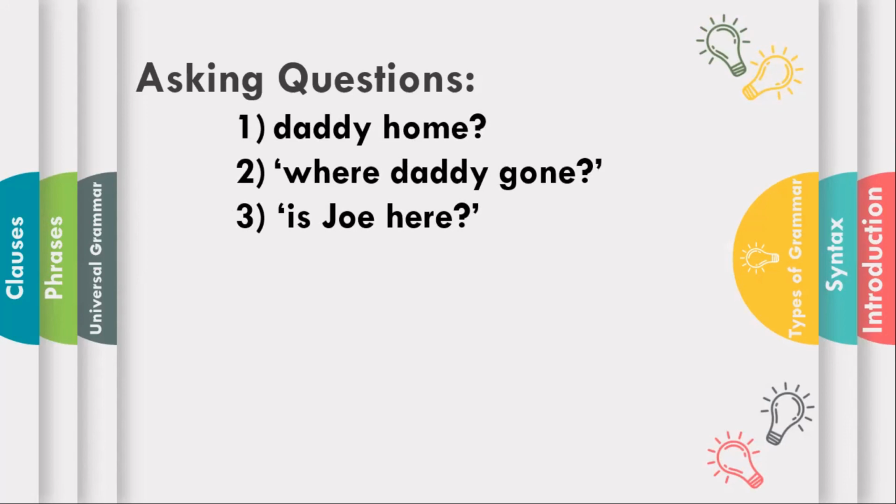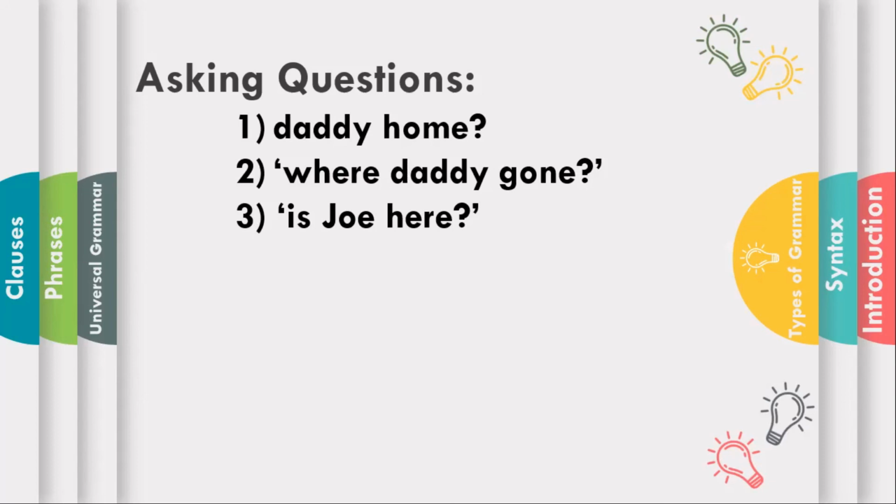During the second year, children acquire question words such as what and where, resulting in questions such as "Where daddy gone?" They can't yet use auxiliary verbs such as has. While in their third year, children can use auxiliary verbs and learn to say, "Is Joe here?" However, they can't always use WH words correctly and might say things like "Why Joe isn't here?"